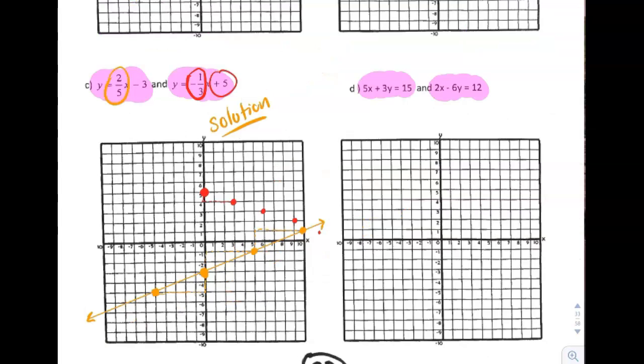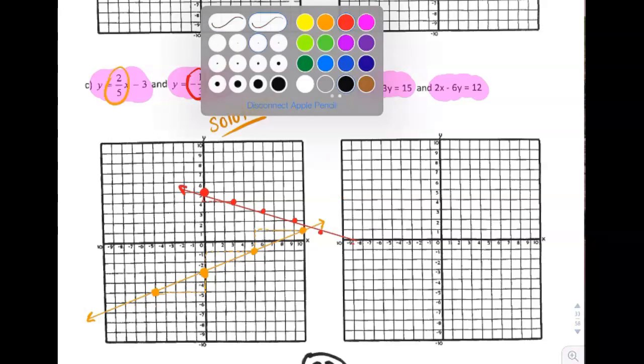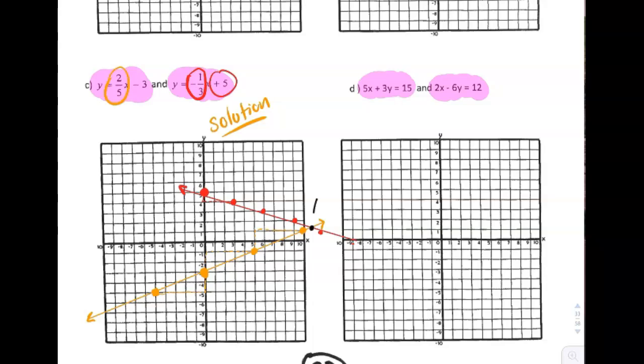Now it looks like I'm going to run out of graph space here, and the line's going to look something like that. And where they intersect is like right here, which didn't appear to be in a nice spot for me to identify with the graph.